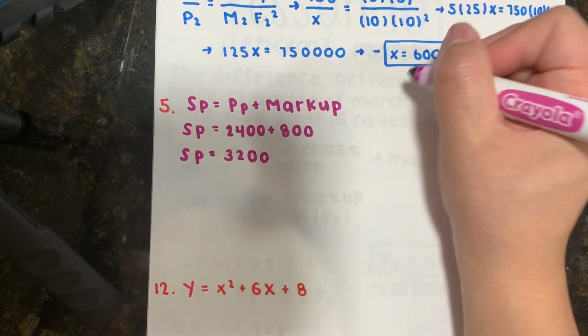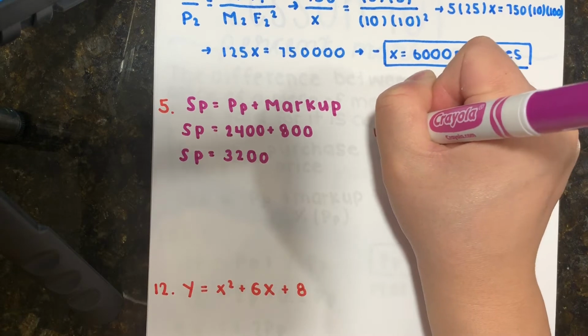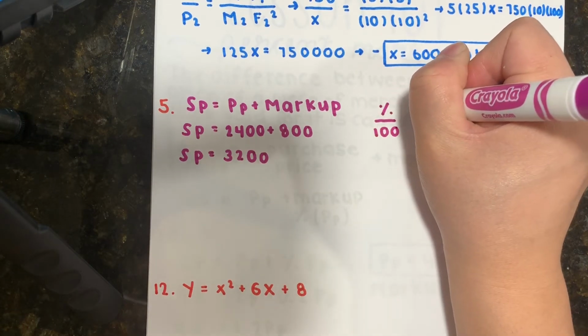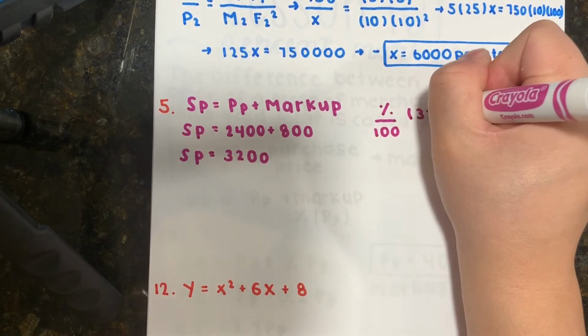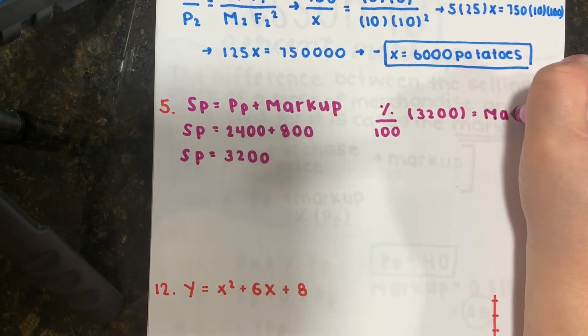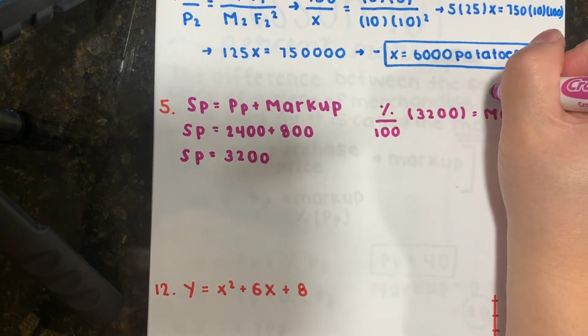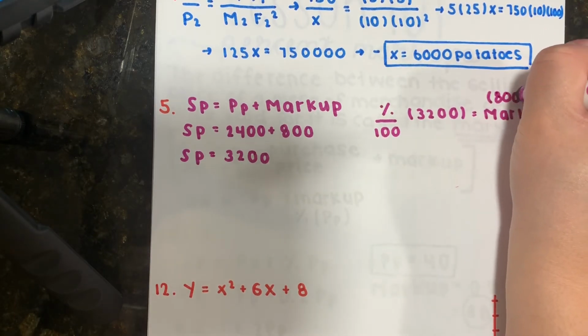So if I did the percent, and we always put percent over 100 of the selling price, which is $3,200, equals the markup, which they give us as 800.